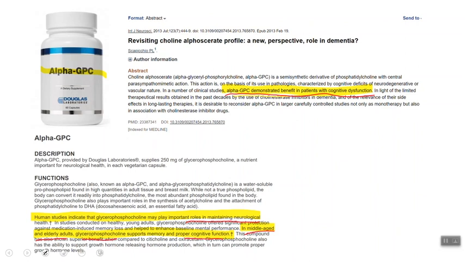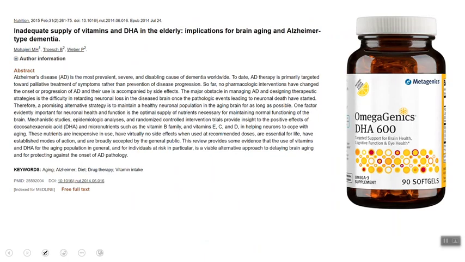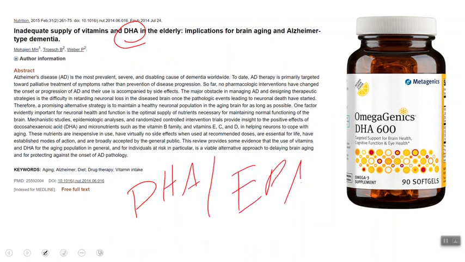So now we're going to decrease your inflammation, then we're going to give you brain nutrients that actually support your nervous system. Here's fish oil. Now, this is a very specific type of fish oil. Fish oil has two different things, DHA and EPA.